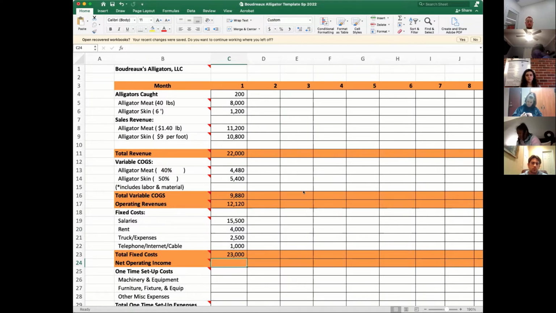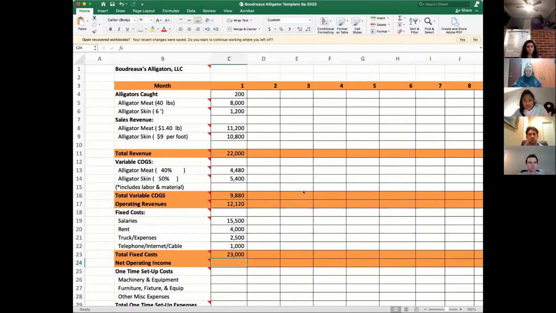First thing that we notice, what do we notice? Okay, what's the first thing we notice here? If his total fixed costs are 23,000, in other words, if I take my operating revenues of 12,000 minus my fixed costs, I've got a loss right now of $10,880.